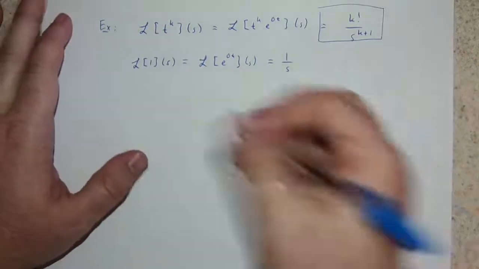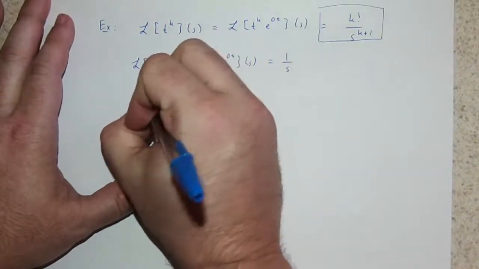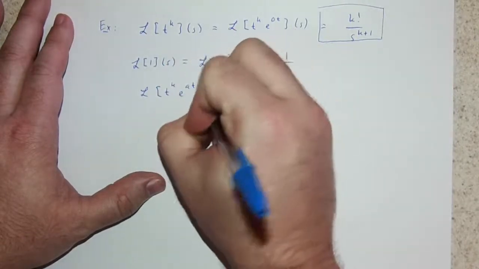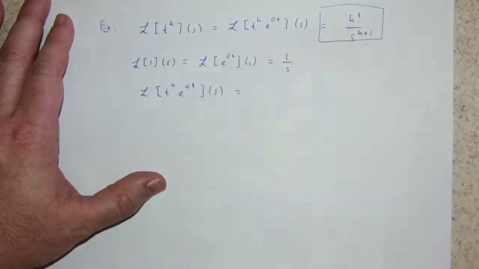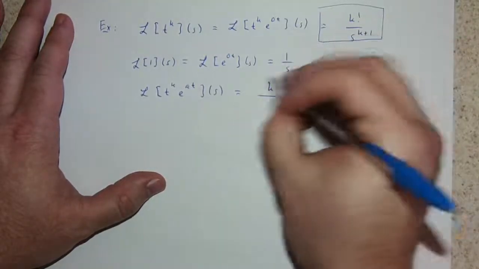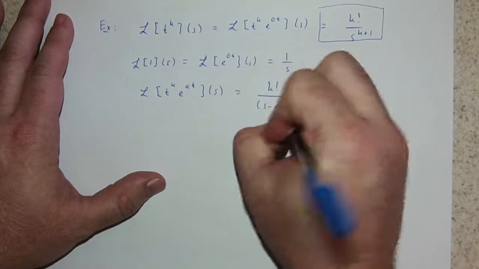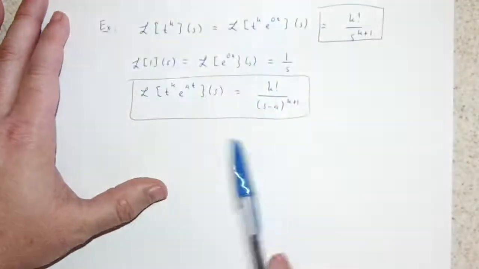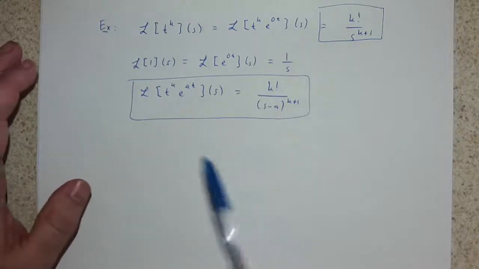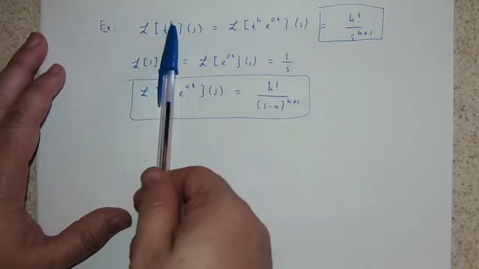Of course, I could immediately compute the Laplace transform of, say, t to the k e to the at now, instead of just t to the k. Following the same thing, this is k factorial over s minus a to the k plus 1. There's another way I can see what's going on here. I know the Laplace transform of t to the k.